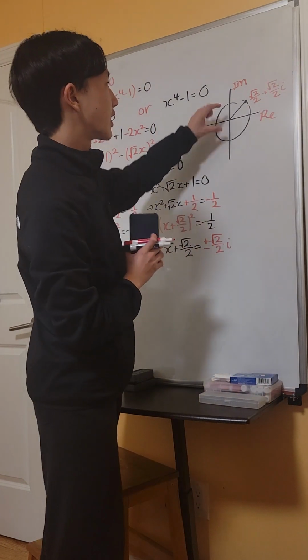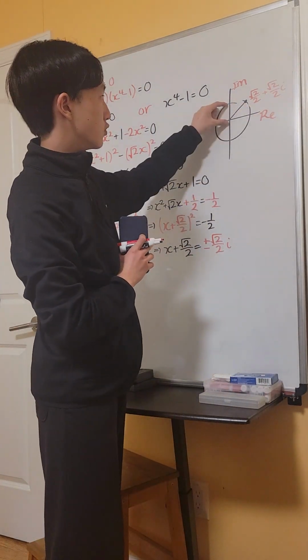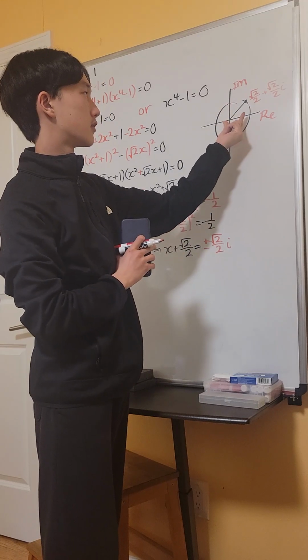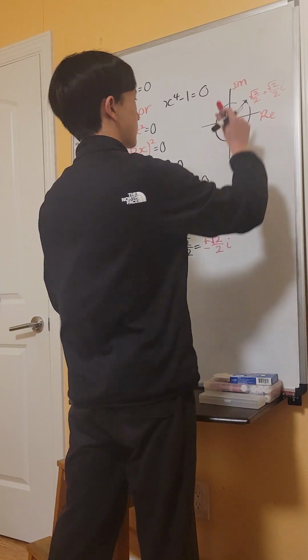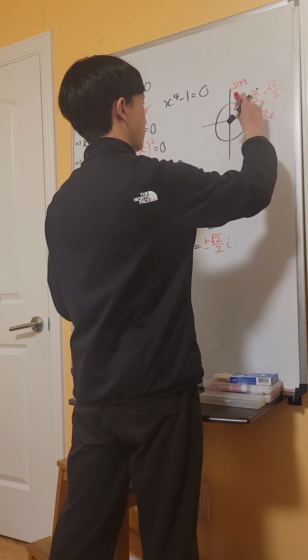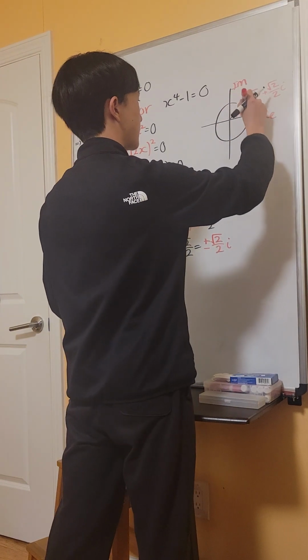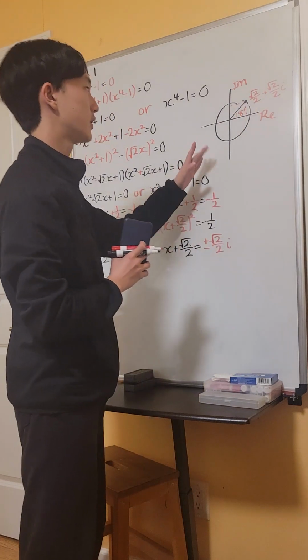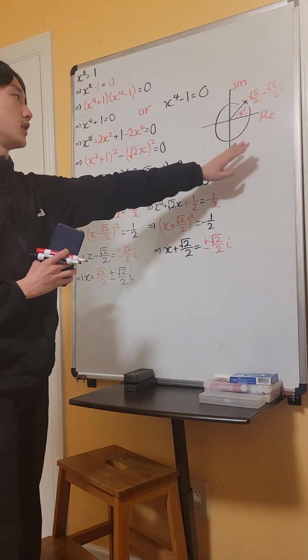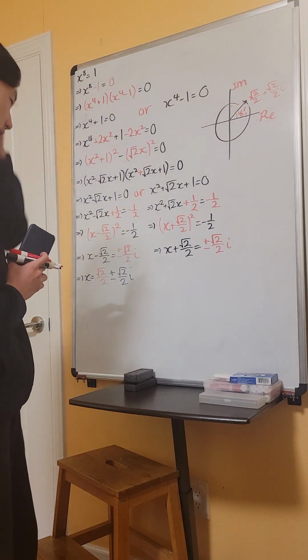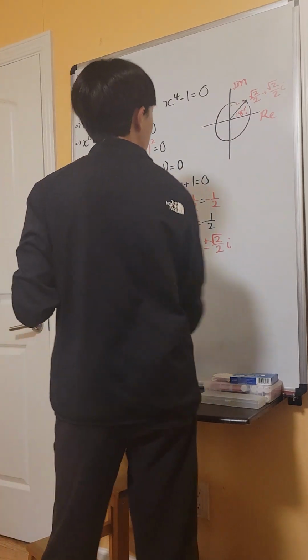Since you're going up in the i direction root 2 over 2, and the same going root 2 over 2 in the real direction. This is 45 degrees, right? So that means this and that should be the same. 45 degrees makes it symmetrical across. Anyways, quick short side tangent over.